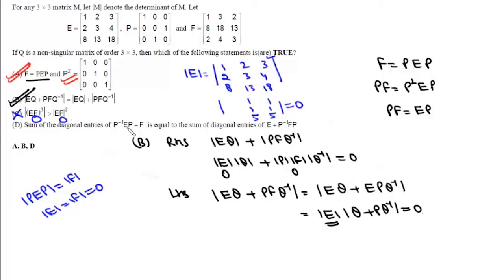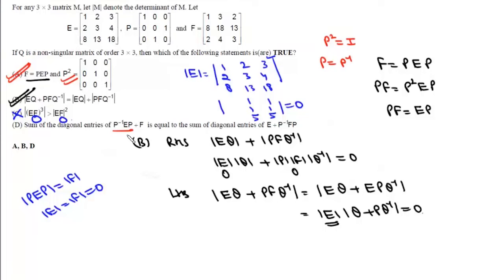Now if we look at this fourth option, P inverse EP. Now since P square equals I and determinant of P is minus 1, P inverse exists. Now we multiply it with P inverse, we can write P equals P inverse.